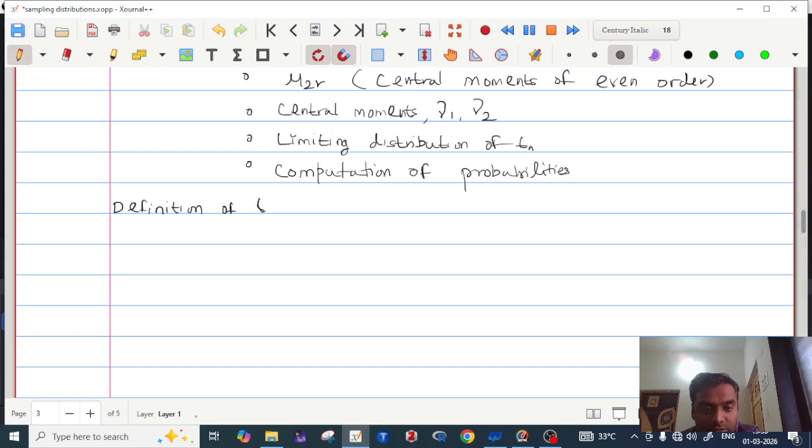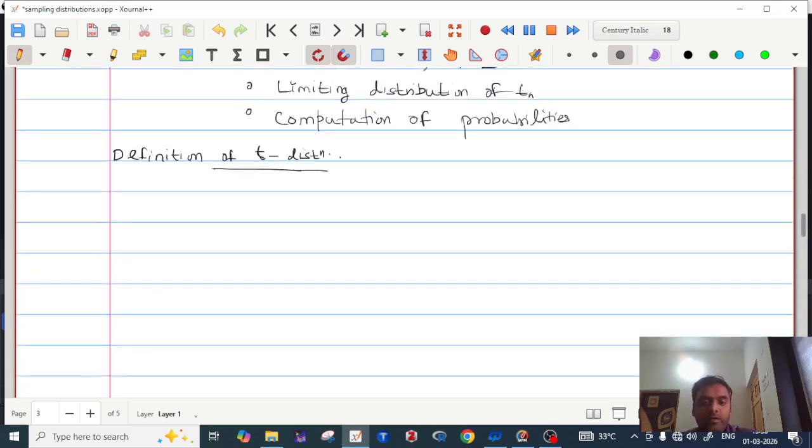How to define the t distribution? Suppose we have two independent random variables. One is U. Suppose U follows normal 0, 1, V follows chi-square with n degrees of freedom, and U and V are independent.